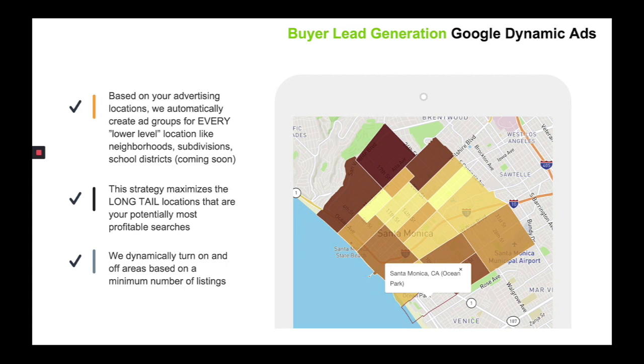Not only are we doing that, but we are automatically scanning those keywords on a daily basis and seeing what locations have very few listings, which means that chances are if someone clicks on it, they're not going to convert into a lead. We are going to turn those areas automatically off and turn other areas automatically on based on performance.